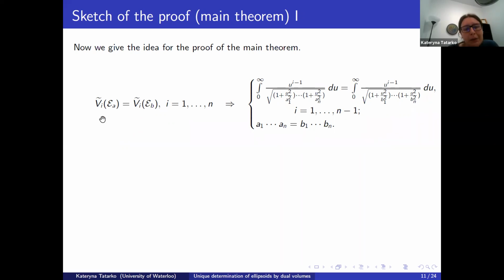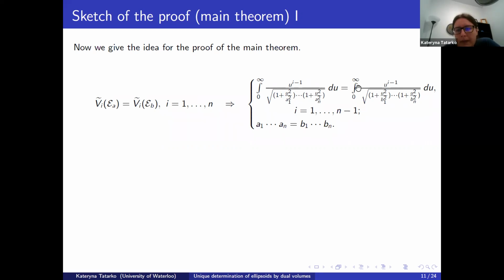So the n-th dual volume coincides with the intrinsic volume, which is just the classical volume of the body. Up to some constant, the volume of an ellipsoid is just the product of its semi-axes. So the last condition tells us that the products of semi-axes for the two ellipsoids are the same. We keep this condition in mind, but first we will work with the n-1 integral conditions.